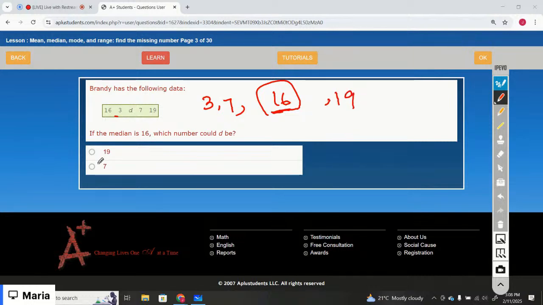And the numbers after 16 are greater than 16. One of the numbers is 19, so the other number is D. We have two options, 19 and 7. 7 could not be here, so that means the correct option is 19. Option number 1 is the correct option, that would be 19.